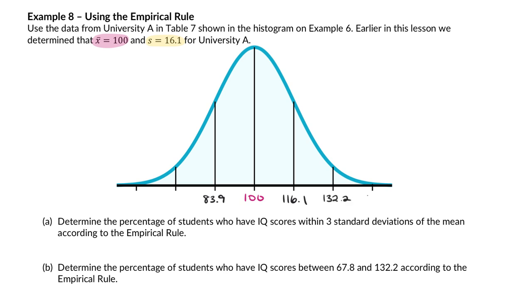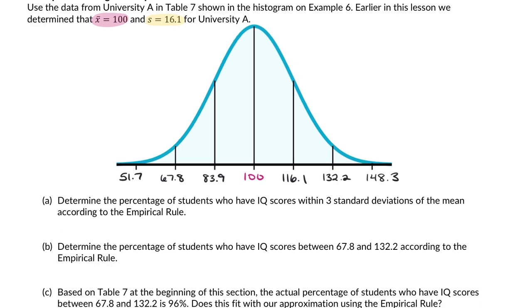Add a third standard deviation, we get 148.3. Going the other way, 2 standard deviations below the mean would be 67.8, and 3 standard deviations below the mean, so subtract 16.1 again, we get 51.7. These are the IQ values that are 1, 2, and 3 standard deviations away from the mean.